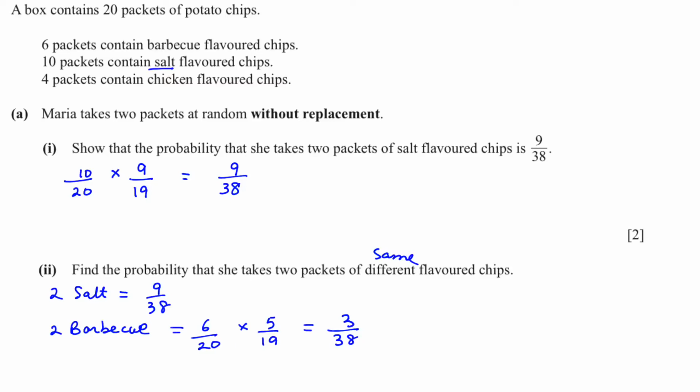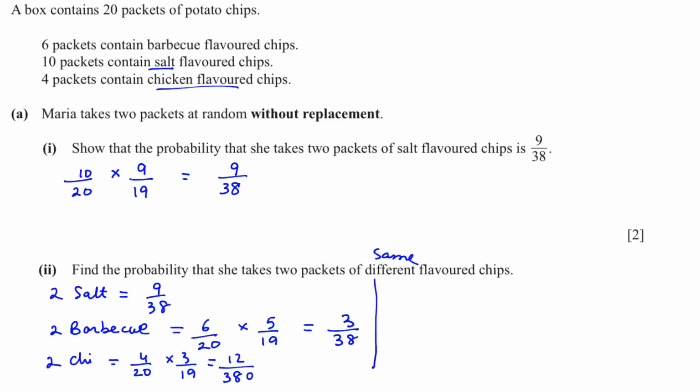And then we find 2 chicken flavored. So 4/20 multiplied by 3/19. And this will give you 12/380. The probability of everything is 1.